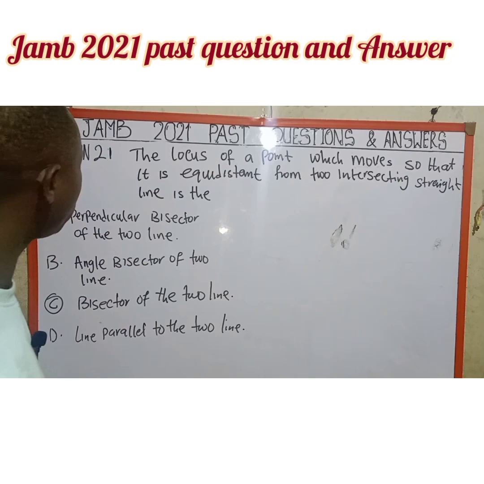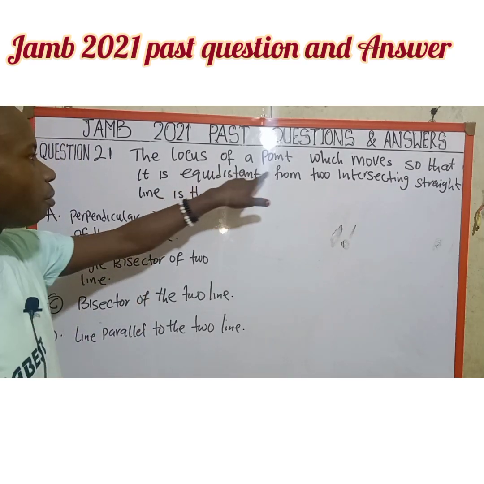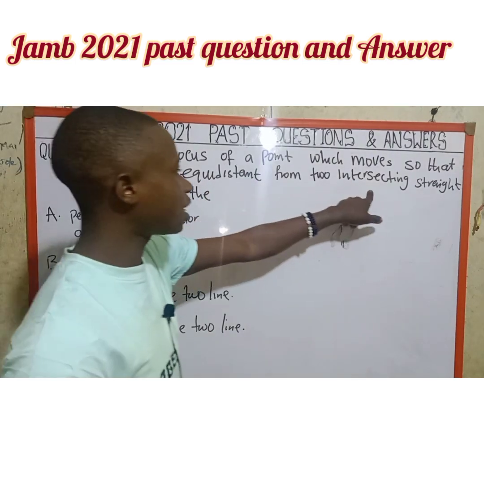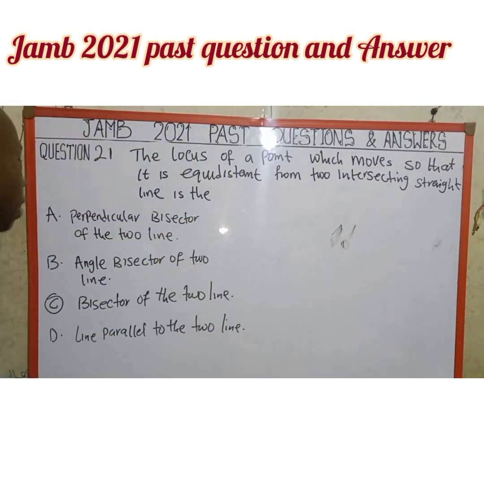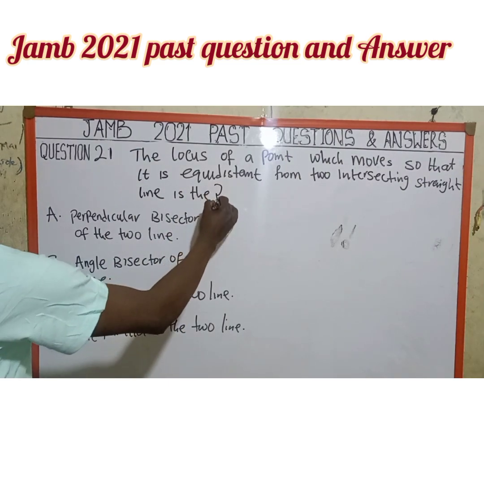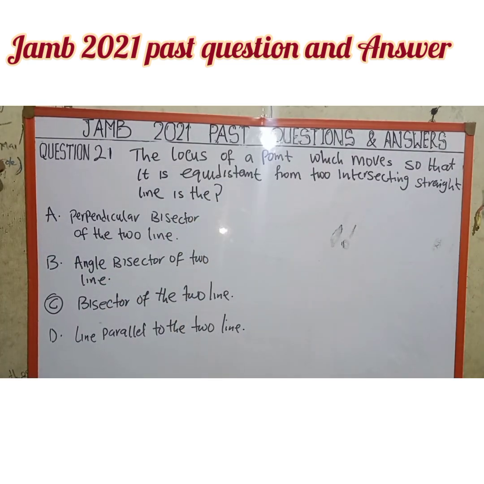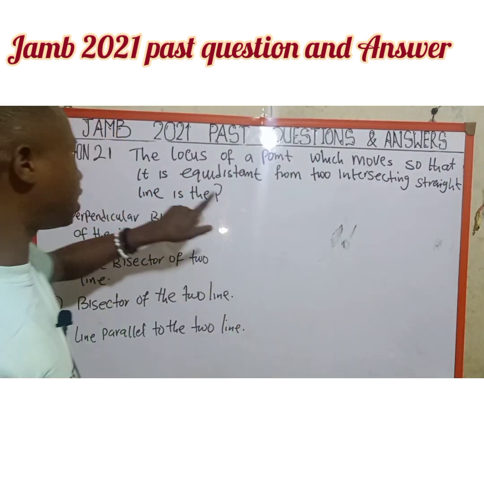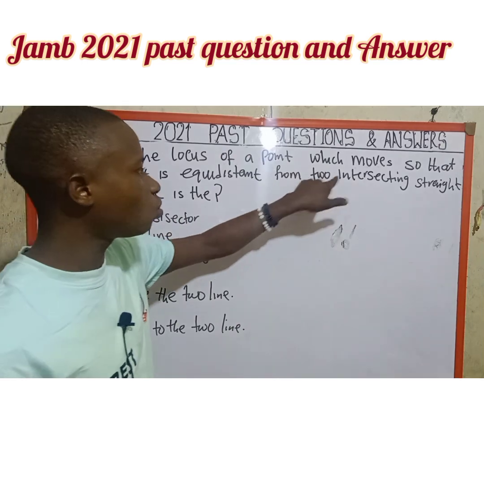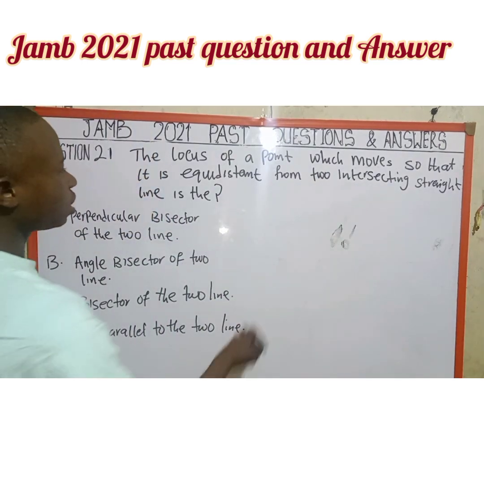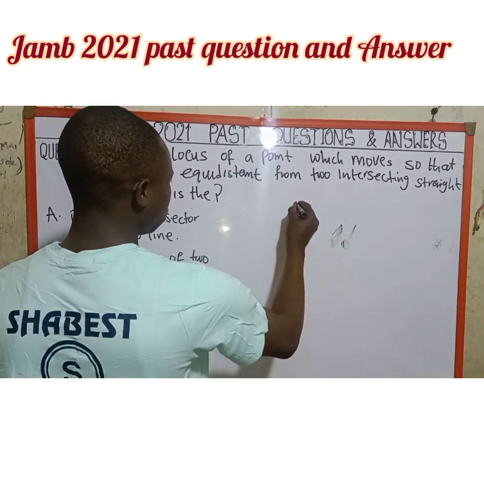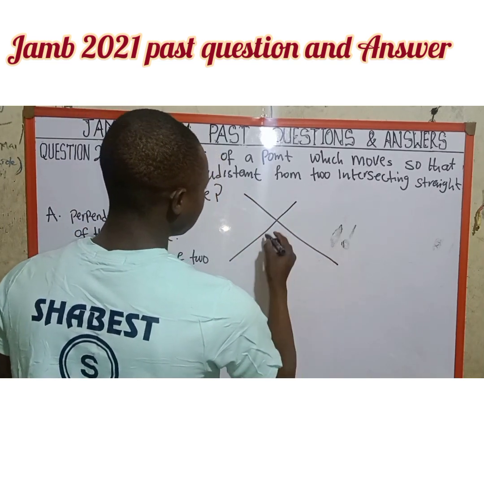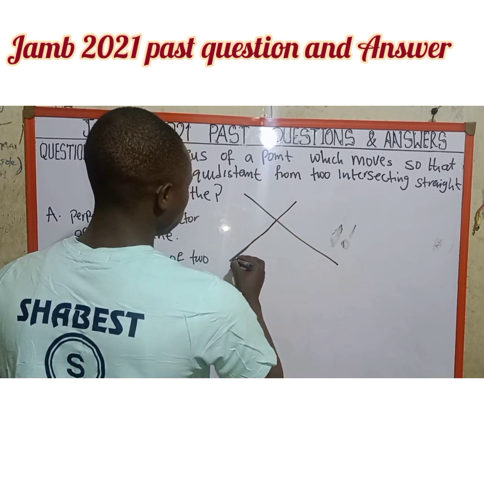And this is question number 21, which reads, the locus of a point which moves so that it is equidistant from two intersecting straight lines is the, this is the question. So we have options A to D. What this question implies, they say the locus of a point which moves so that it's equidistant from two intersecting straight lines. So this is two intersecting straight lines. So we have, this is two intersecting straight lines.